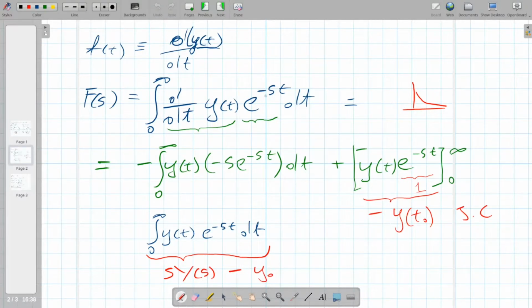The interesting thing is that you can notice that differentiation in the Laplace domain is represented by multiplication by s. And because differentiation and integration are opposite operations, now you understand why integration in the Laplace domain is represented by dividing by s.